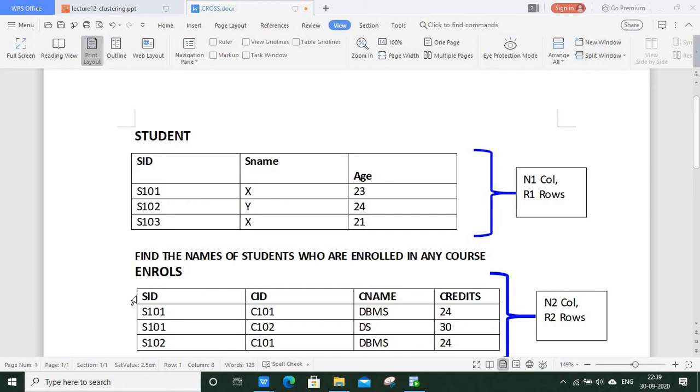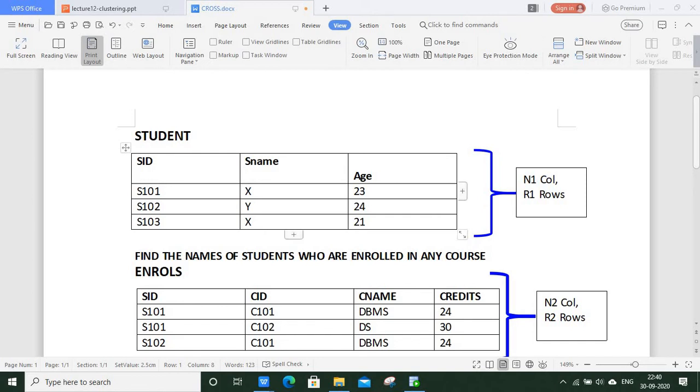And of course the student ID in the enrolls table reflects the student IDs of the students who are enrolled in some of the courses. Suppose we have to find the names of students who are enrolled in any course. Now look at the two tables.